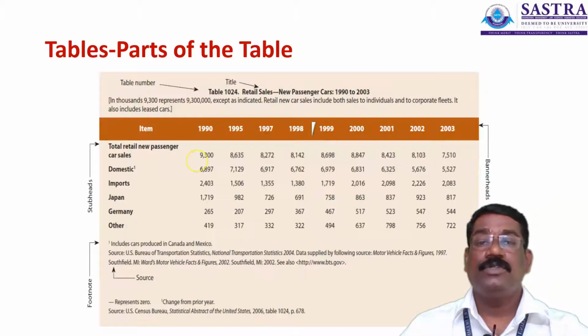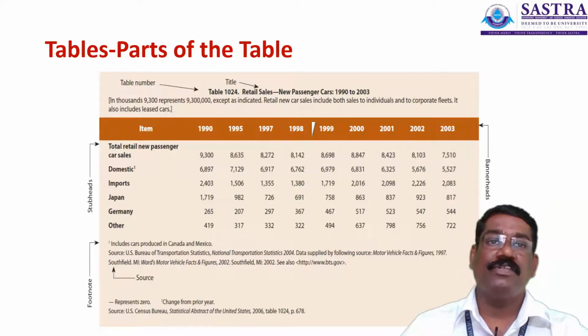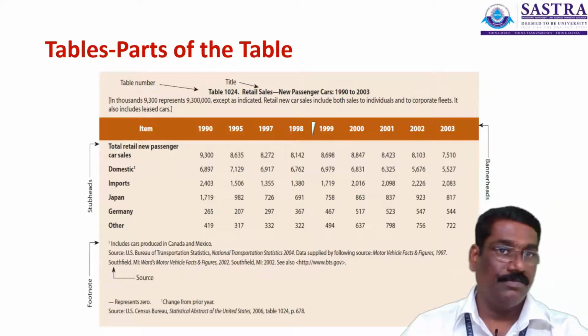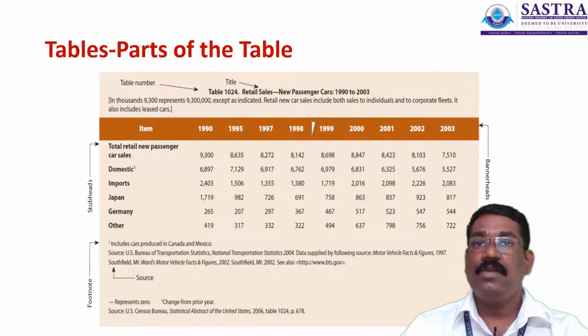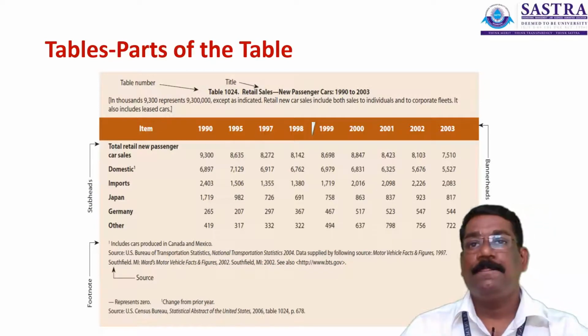If you look at this table, this allows for simple reference from the text to the table. If the text includes many tables, a list of tables should be included just after the table of contents.